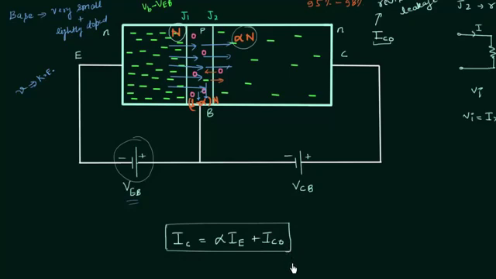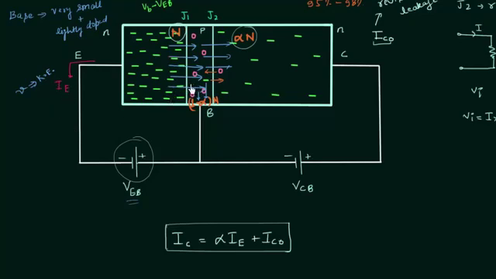The next thing is to find out the relation between the emitter current, base current and collector current. For this purpose, first we have to find out the direction of the three currents. You can see the electron is moving from left to right, so the direction of current is like this, from right to left. This is IE, the emitter current.